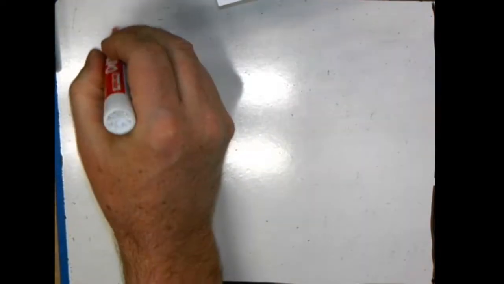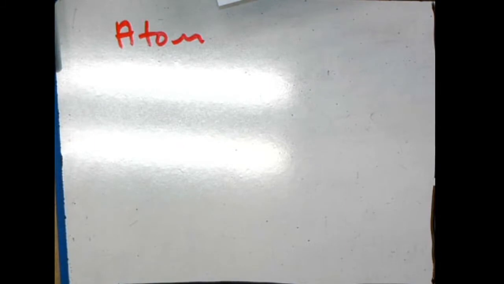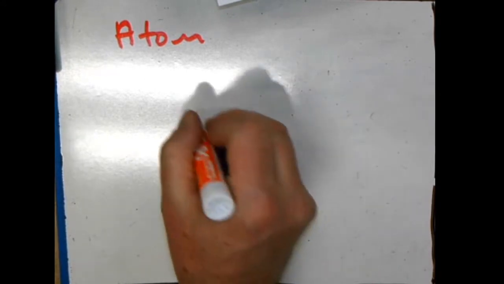All right. So first off, the atom. Remember that when we're talking about the atom, we are talking about three major parts. Okay, the first of those parts are the protons. Let me use a little different color here because you can't see that very well.